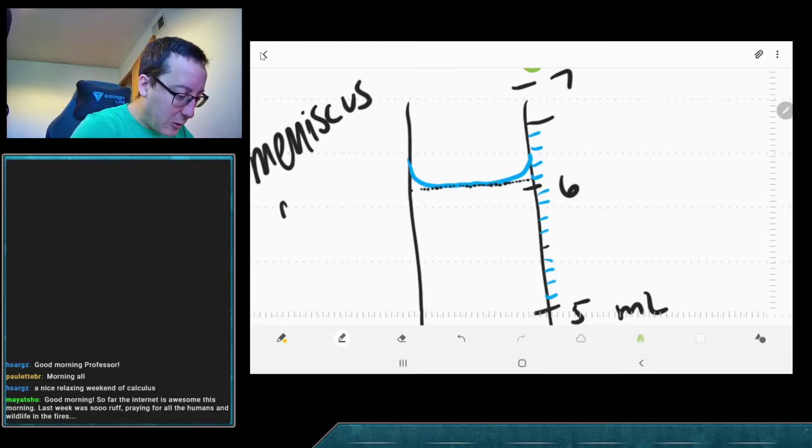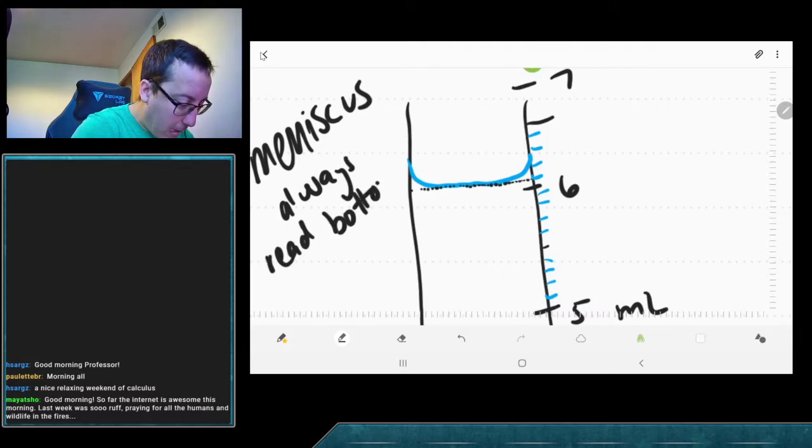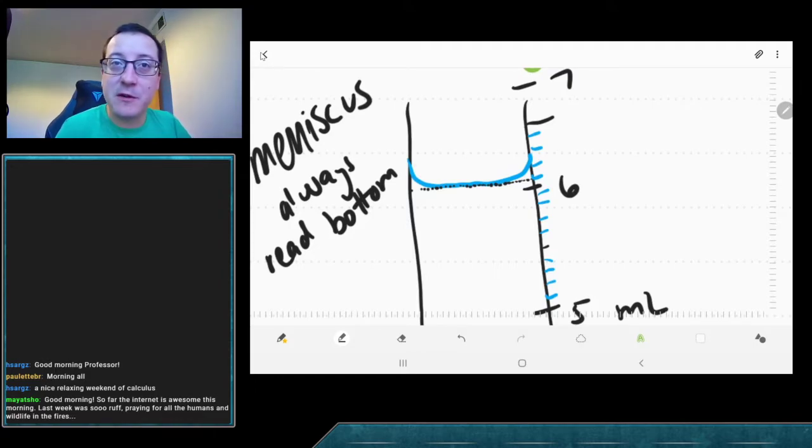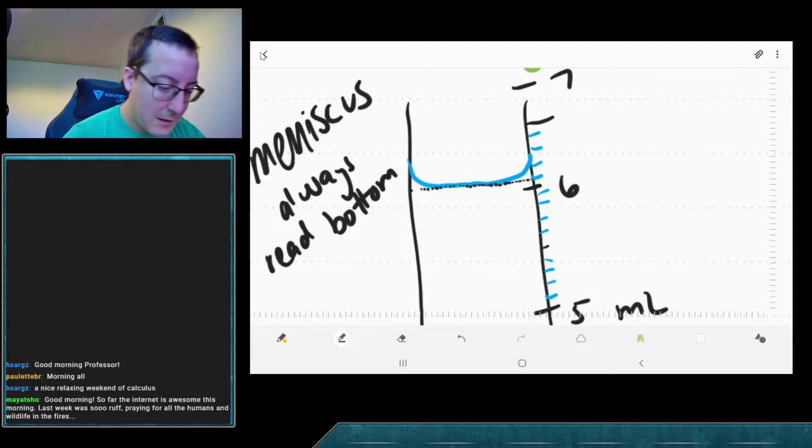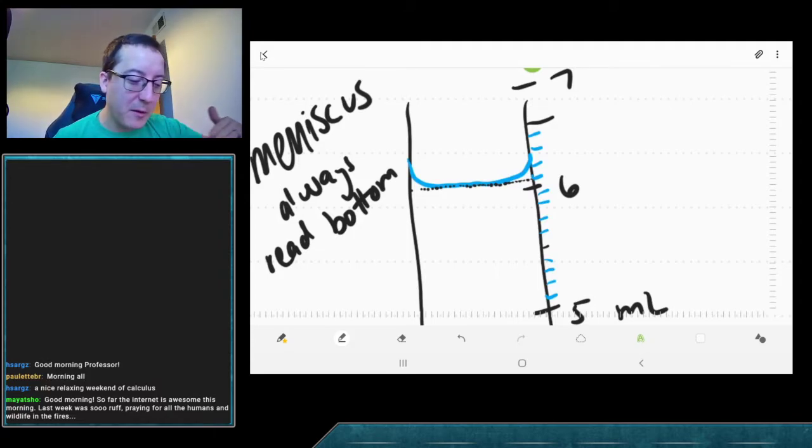So we're going to always read the bottom. Okay, so we're never going to take our measurement from the top of the meniscus. Always the bottom. Alrighty, and so I've drawn our line from the bottom of the meniscus to the edge on the cylinder here.